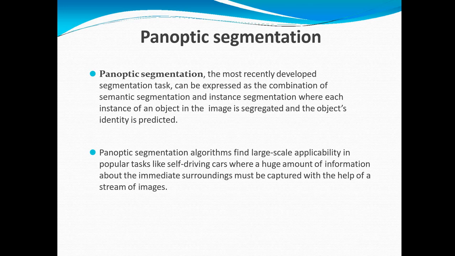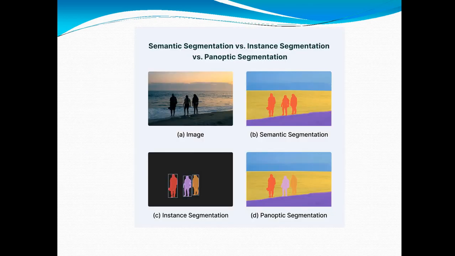Panoptic segmentation algorithms find large scale applicability in popular tasks like self driving cars, where a huge amount of information about the immediate surroundings must be captured with the help of a stream of images. Here's an example where semantic segmentation, instance segmentation, and panoptic segmentation can be compared.